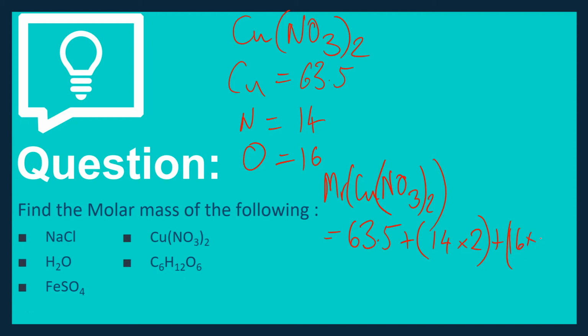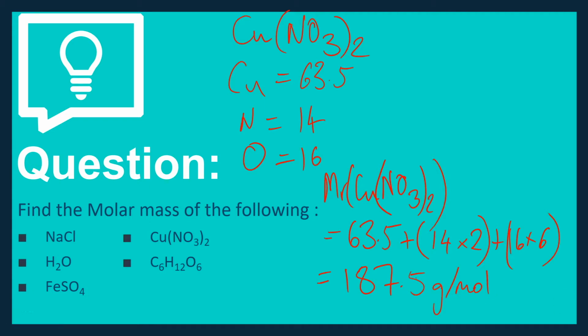Now there's 3 oxygen in the brackets, but there's 2 lots of brackets, so it's 3 times 2 is 6, so it'll be 16 times 6. All right, if you work that all out, you should get 187.5 grams per mole.